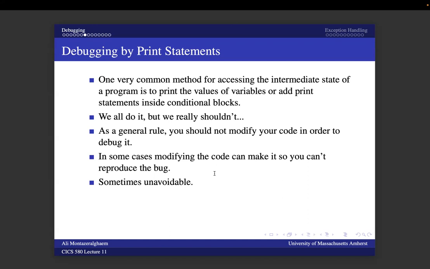This means that if you are trying to find a bug in your code and change some variables to see their values, you're changing the code, and maybe this code doesn't generate the same bug, and you will lose clues to the location of the bug. So I think there is a general rule that you shouldn't modify your code if you are debugging it.